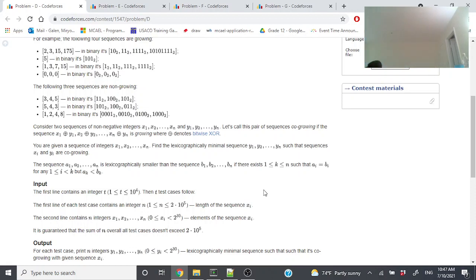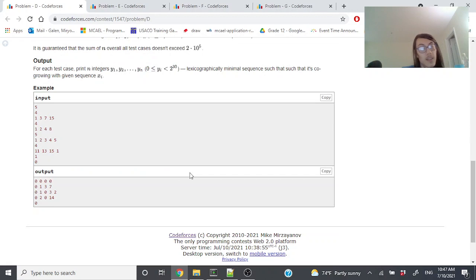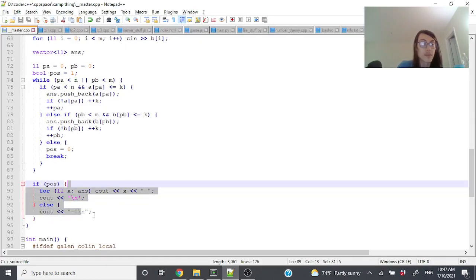Okay. Two to the 30th. Well, okay, so it has to start with 0, of course. Now, okay, cool. This one's actually not a pain to implement, which is awesome.